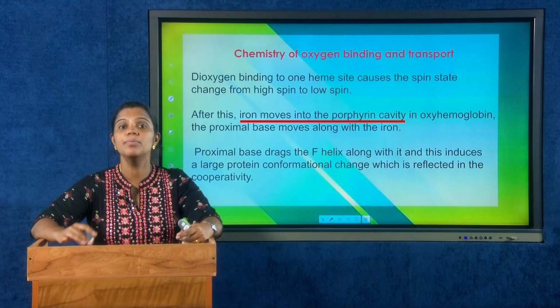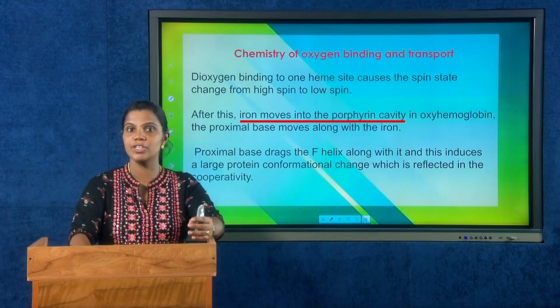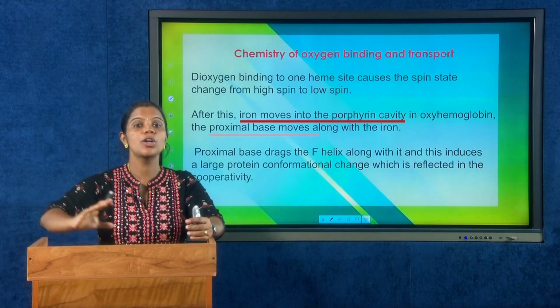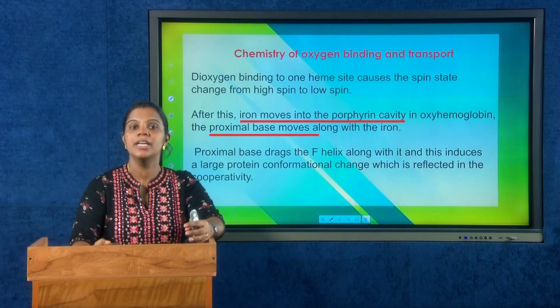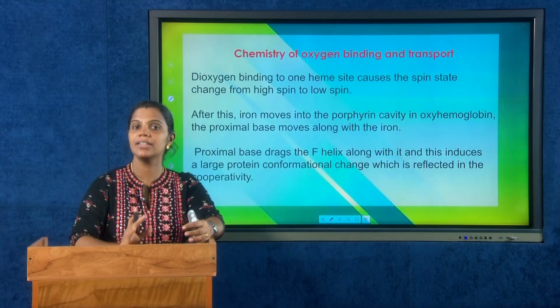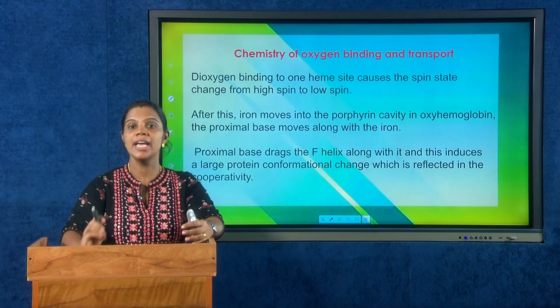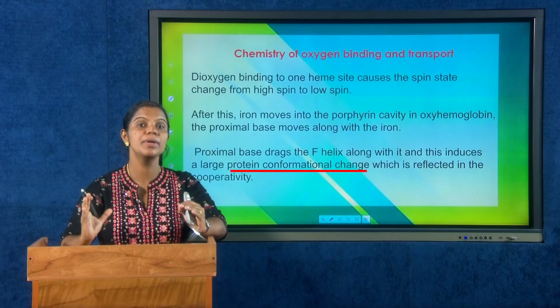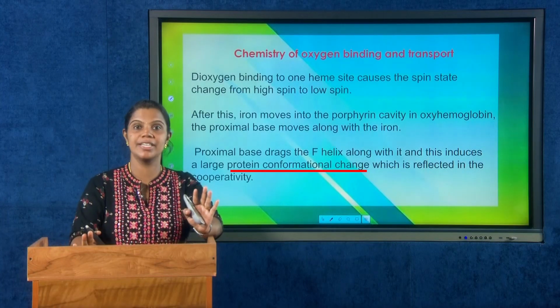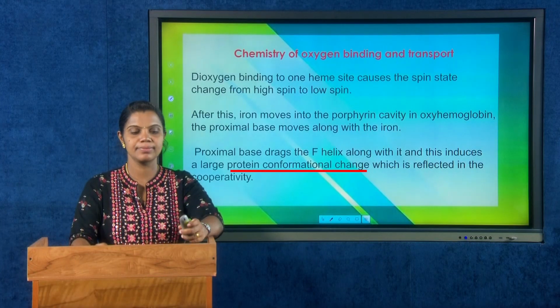After this, iron moves into the porphyrin cavity of the oxyhemoglobin. The proximal base will also move along with the iron. The proximal base will drag the F helix along with it, and this induces a large protein conformational change which is reflected in the cooperativity.